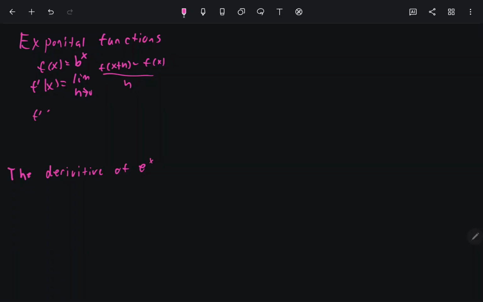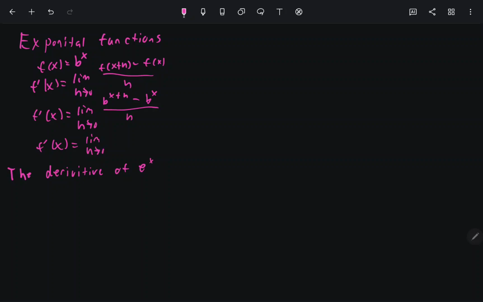Well, f prime of x then is going to be equal to the limit as h approaches 0 of b to the power of x plus h minus b to the x all over h. Well, what can we do with that?